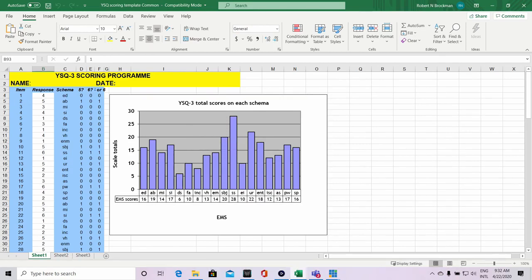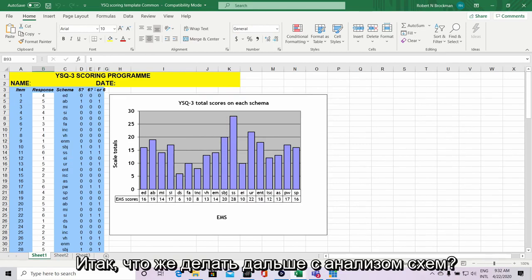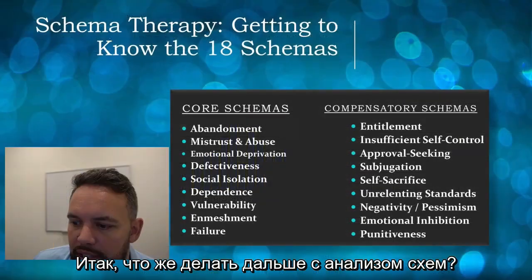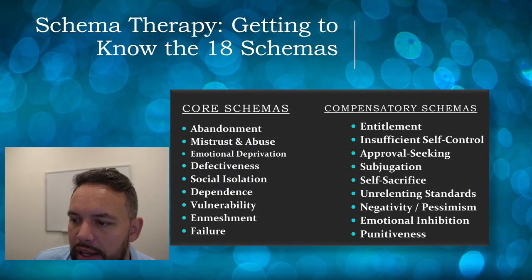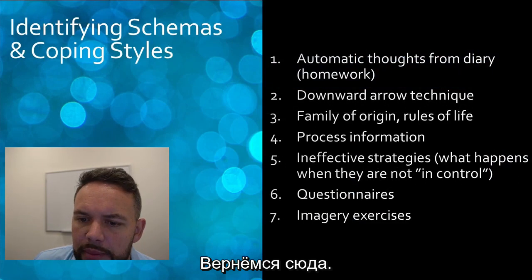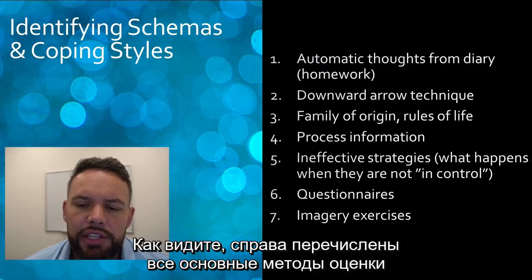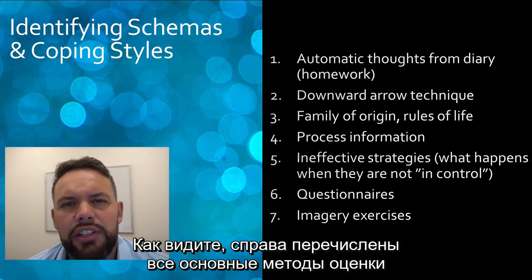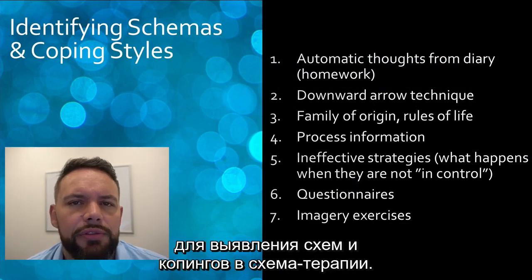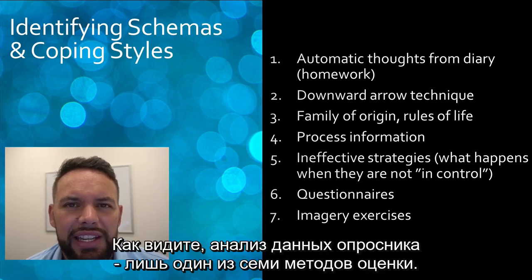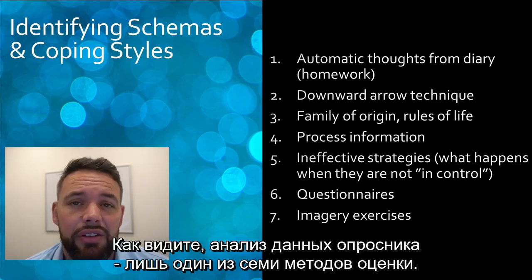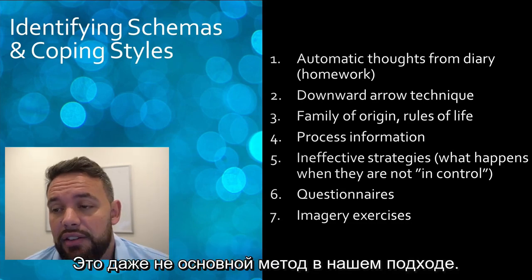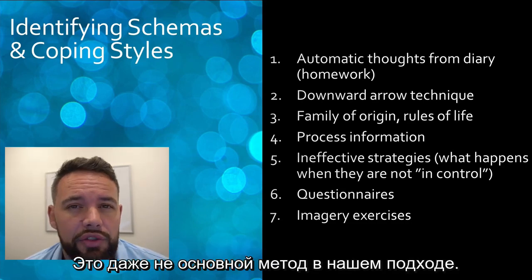Okay. Now this leads us also to think about what to do next with our schema assessment. And I guess it comes back to this. You'll notice here on the right-hand side we have all of the central assessment methods for identifying schemas and coping styles in Schema Therapy. You'll notice that questionnaire data is just one of these 7 assessment methods, and in our approach, it's not even the central method.